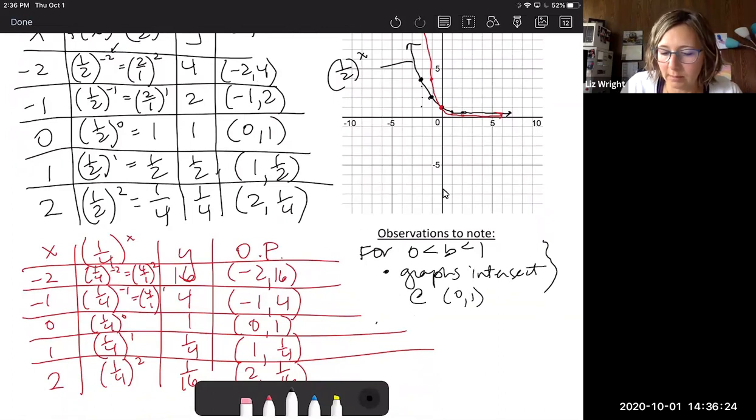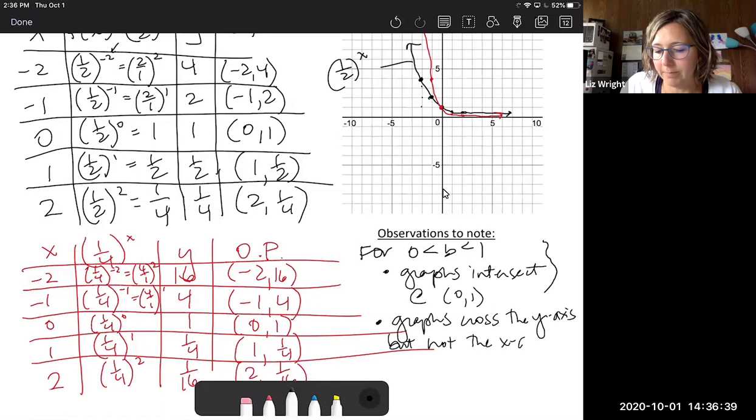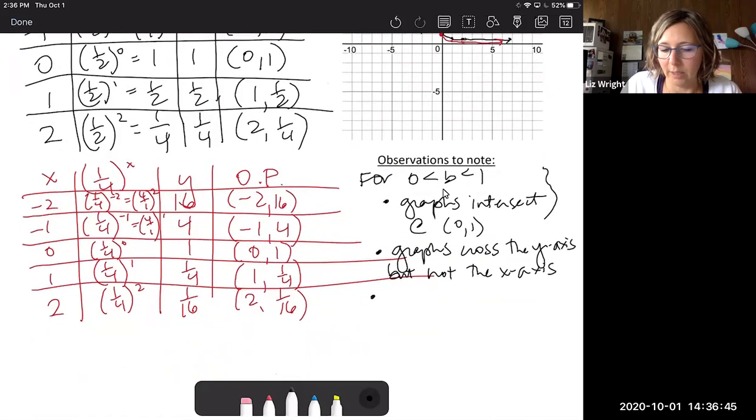Graphs cross the y-axis, but not the x-axis. And then here, be careful on this one.